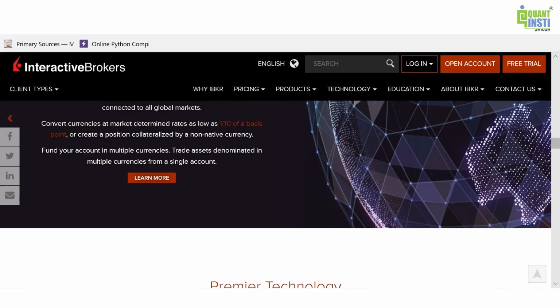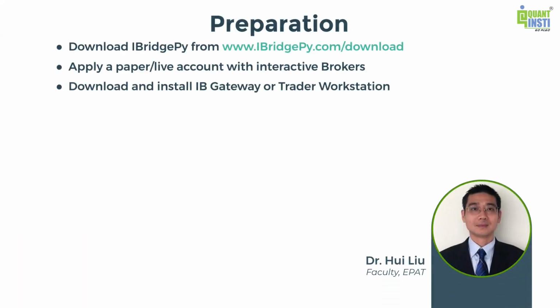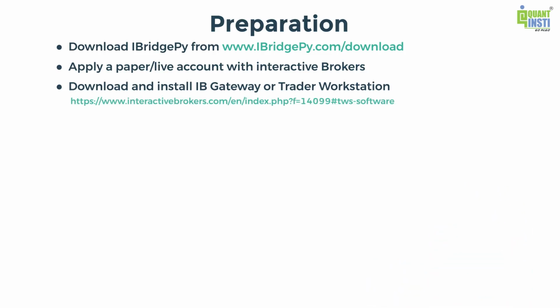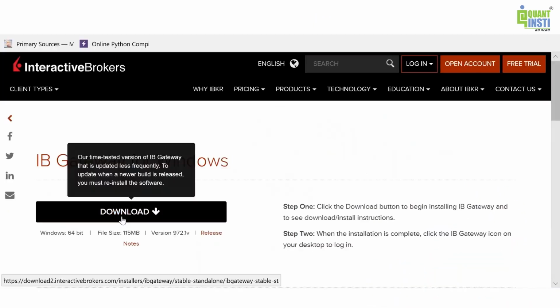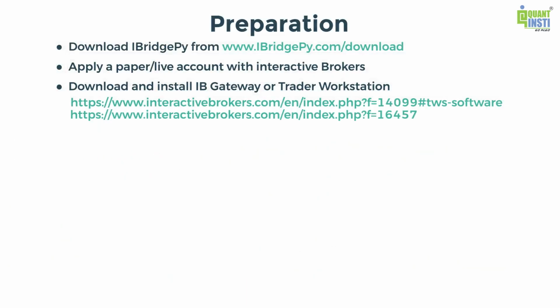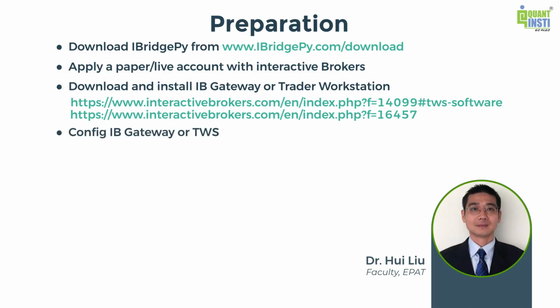Then the next part is to download and install IB official terminals on your local computer. One of them is called IB Gateway, the other is called Trader Workstation. You just click the download link, download and install the software as required. It's pretty straightforward. And then configure IB Gateway and TWS.